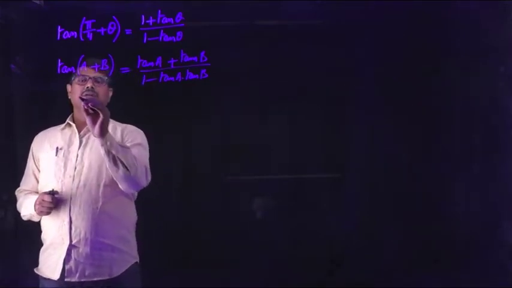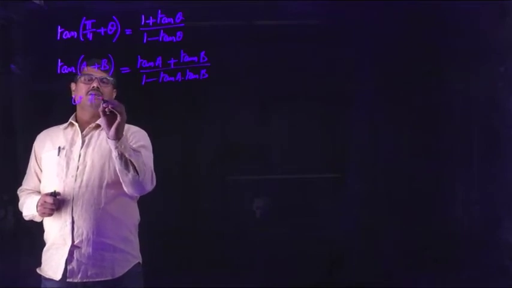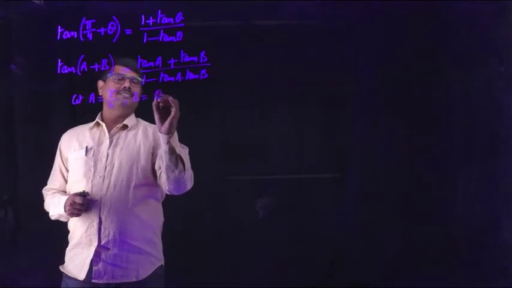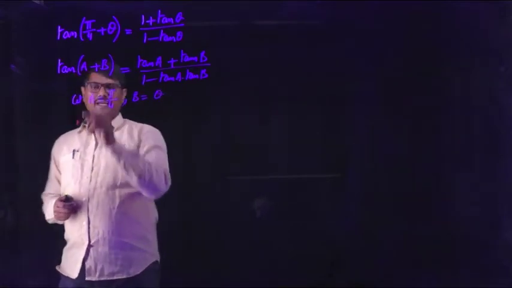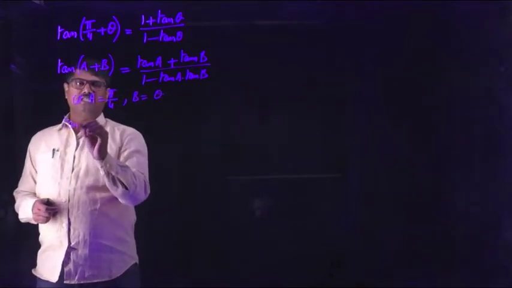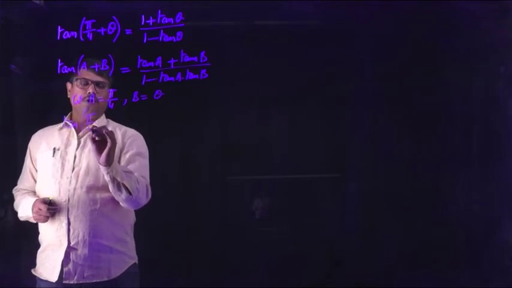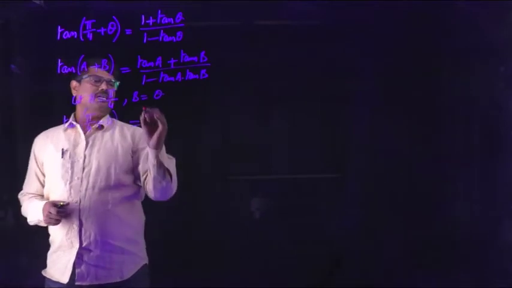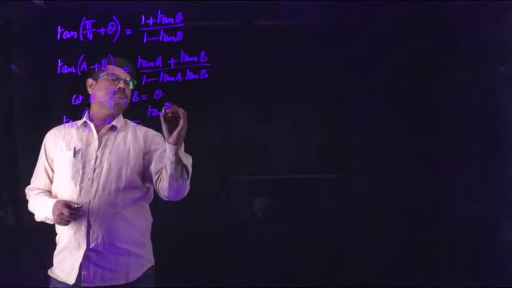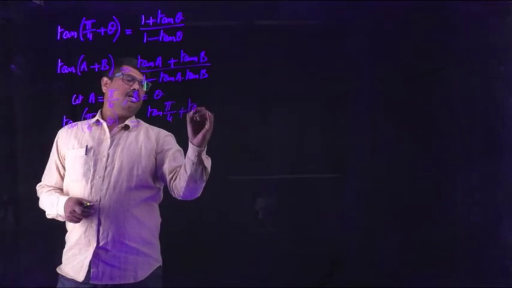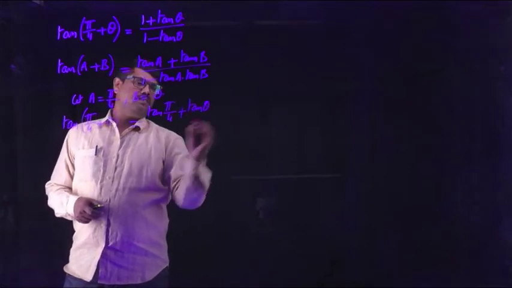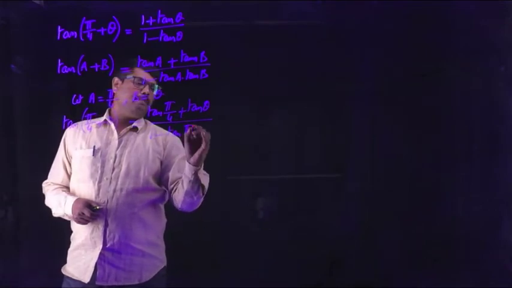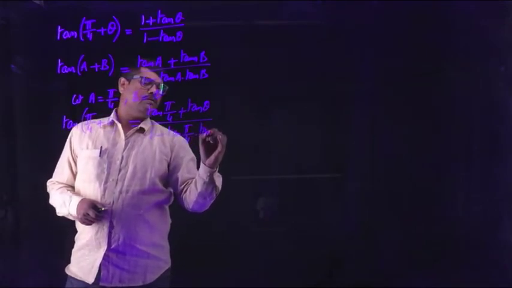Now let us consider A as pi by 4 and B as theta. By that you will get the required formula. Tan of pi by 4 plus theta is tan pi by 4 plus tan theta, replacing A with pi by 4 and B with theta, by 1 minus tan pi by 4 into tan theta.